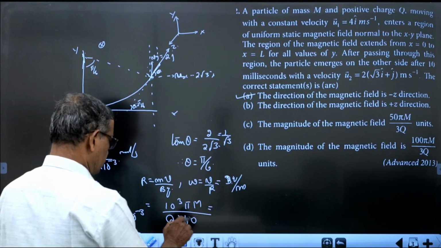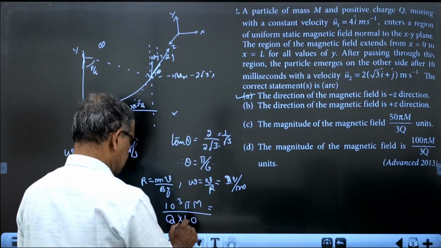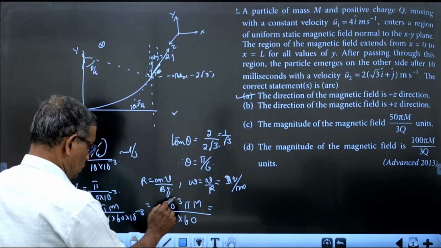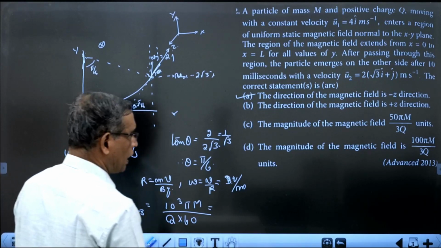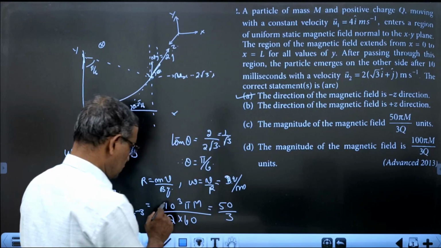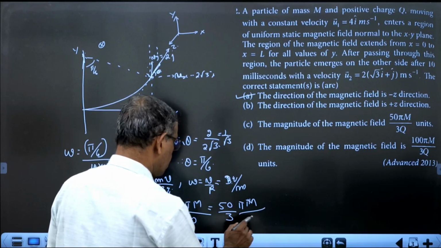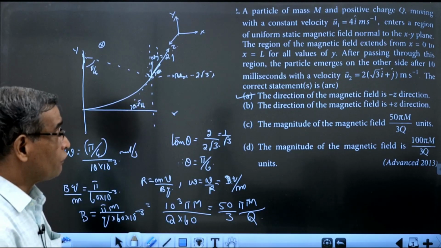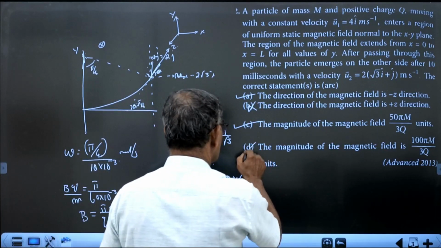On calculation this is equal to 100 by 6, that is 50 by 3, pi m by q. This is the magnetic field existing there: 50 pi m by 3q. So that option is there. But the other one is wrong.